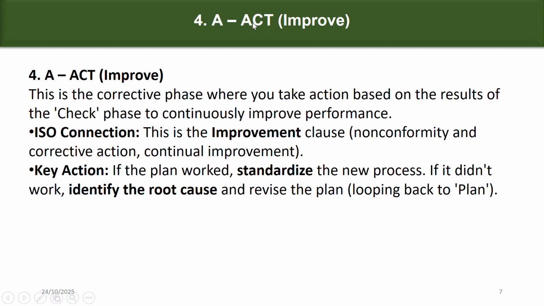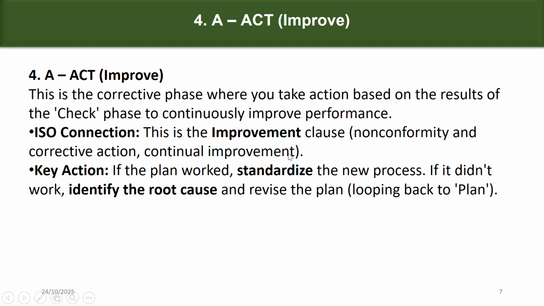Now act: improve. This is the corrective phase where you take action based on the results of the check phase to continuously improve performance. ISO connection: this is the improvement clause, nonconformity and corrective action, continual improvement.